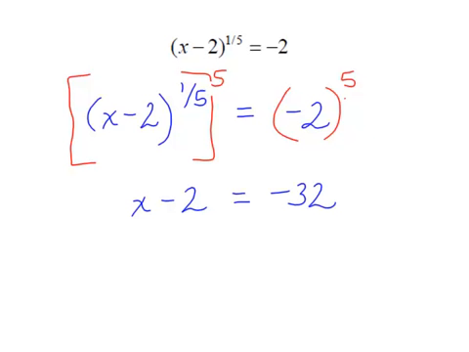All I need to do is add 2 to both sides. My answer is x is equal to -30. Now, of course, you should always plug this back into the original equation to make sure that it does work.